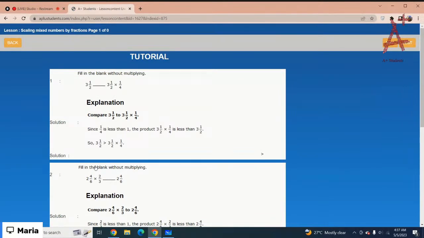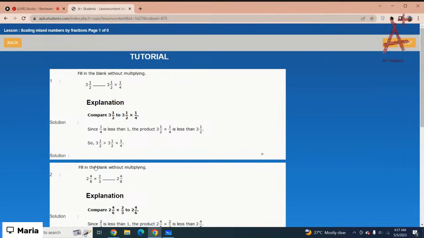Okay, you have to do the same thing we just did in the lesson, but now here you have mixed numbers. Got it? Just look at the first example, 3 whole 1 over 2, and you have to compare it to 3 whole 1 over 2 times 1 over 4. So you exactly need to do the same thing. You know that 1 by 4 is less than 1. Got it?